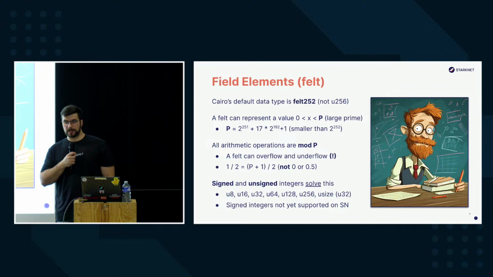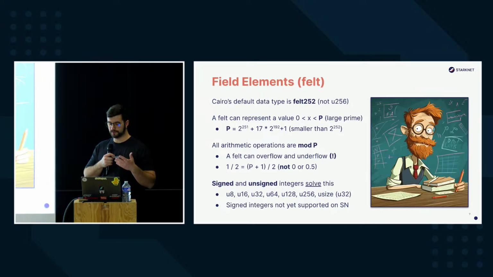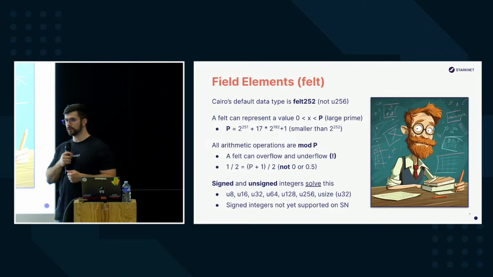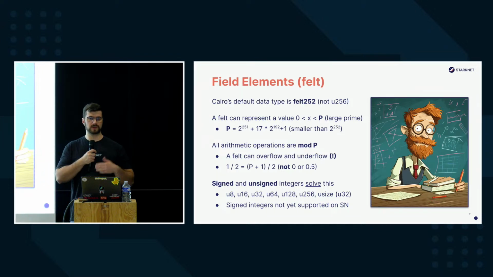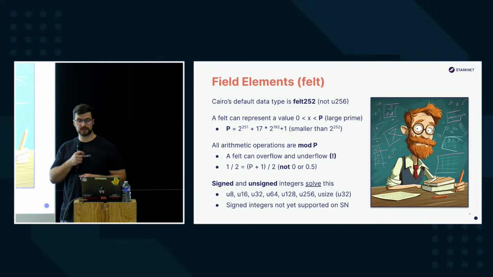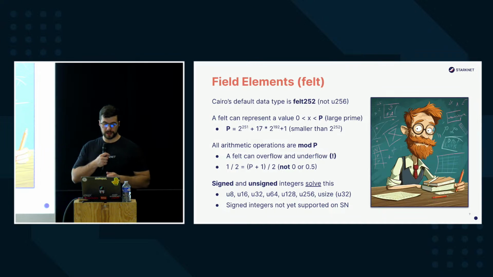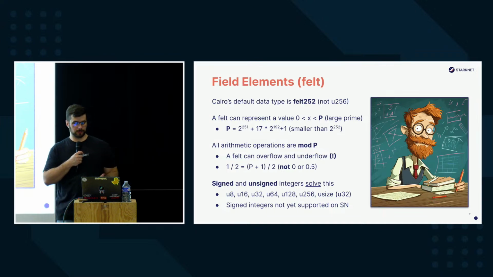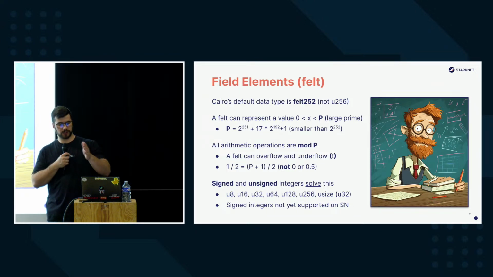Next up, let's say that we have these underflows and overflows, right? If you want to create a smart contract, using felts might be an issue. And for this, we have signed and unsigned integers that solve these underflow and overflow problems. The unsigned ones are represented from u8, u16, up to u256.